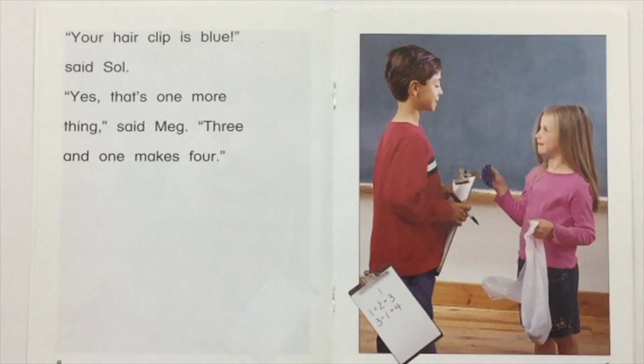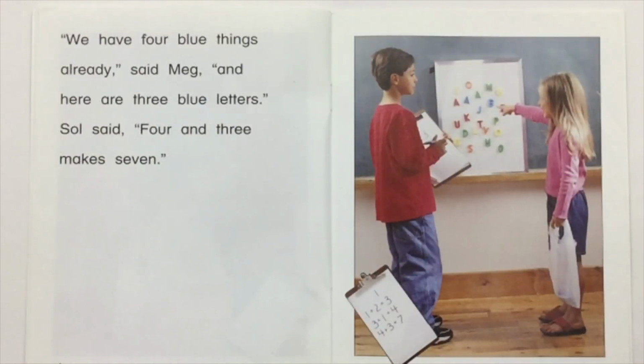Yes, that's one more thing, said Meg. 3 and 1 makes 4. 3 plus 1 equals 4. We have 4 blue things already, said Meg, and here are 3 blue letters. Saul said, 4 and 3 makes 7. 4 plus 3 equals 7.